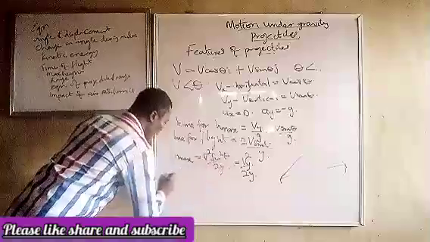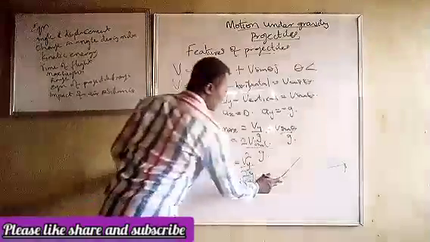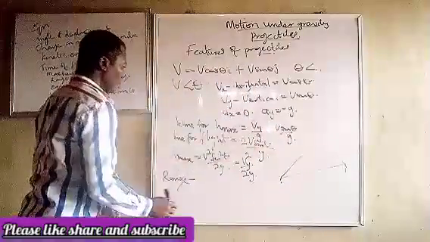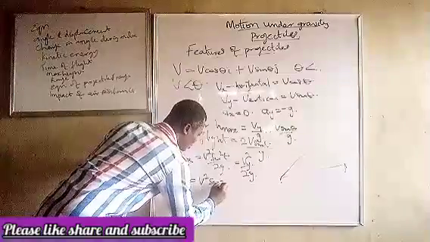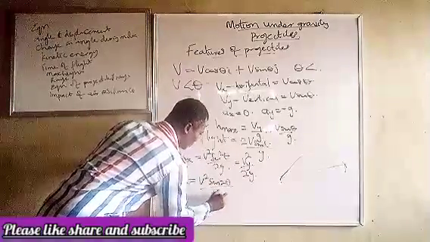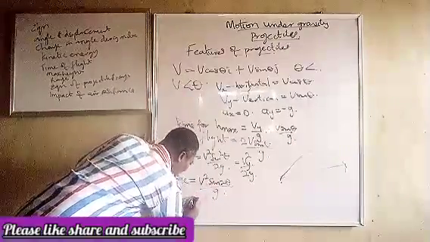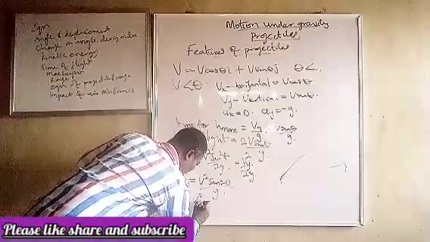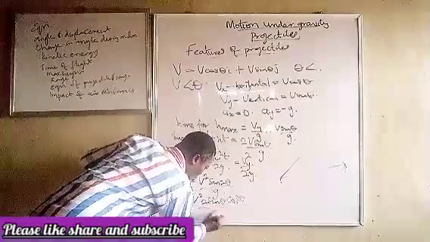We can also say range, that is the total horizontal distance, is equal to V squared sin 2 theta over g. If you look at this, we derive it from the fact that we say V squared into 2 sin theta cos theta over g.